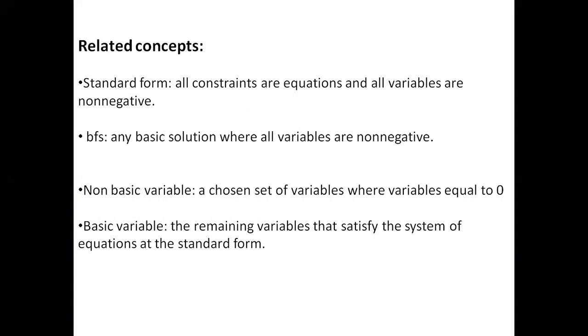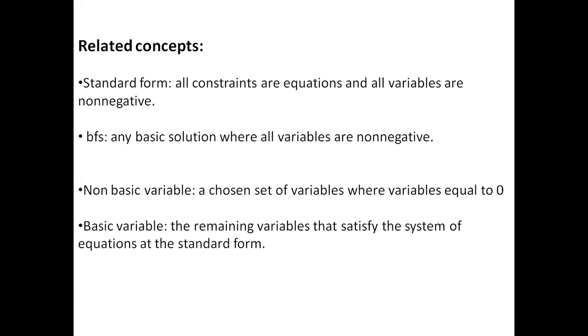The next one is the non-basic variable. A chosen set of variables where the variable is equal to 0. The variables should be greater than or equal to 0, because of non-negativity; beyond 0, the variables will not exist.